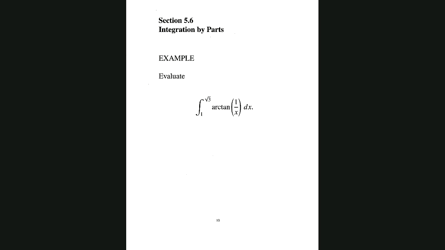Integration by parts says that the integral of u dv equals u times v minus the integral of v du.